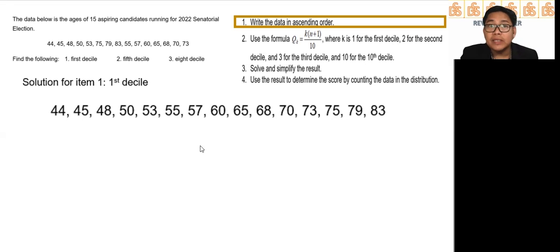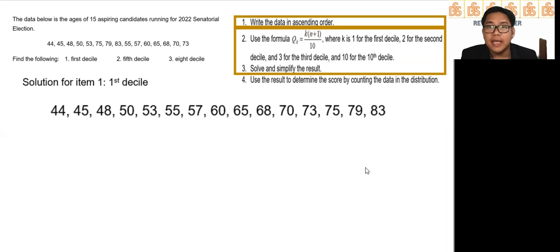When you are doing this on your own, make sure that the data are really arranged in ascending order. If you miss something, that might give you different results. Since the data is already in ascending order, let's proceed to the next step.